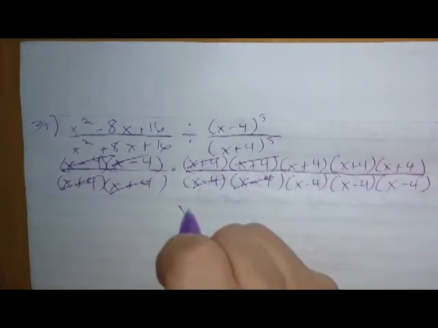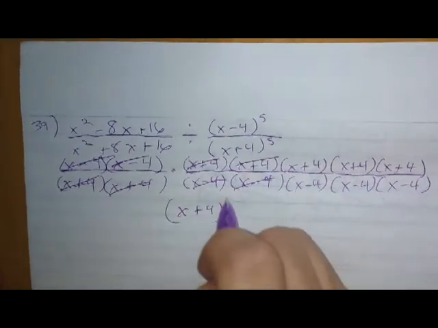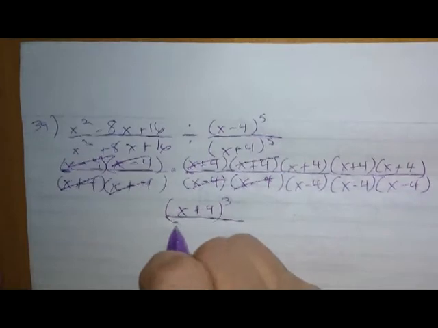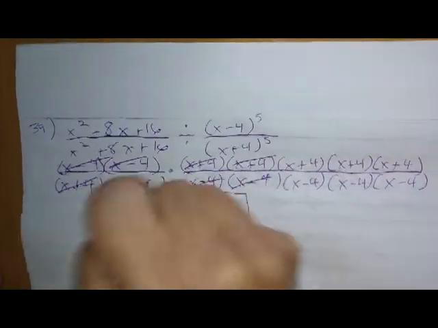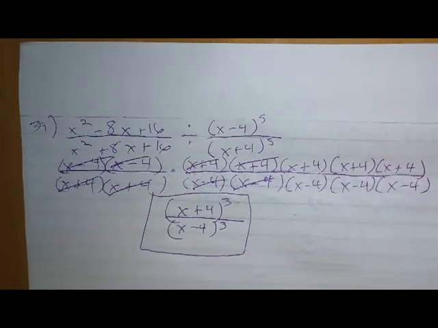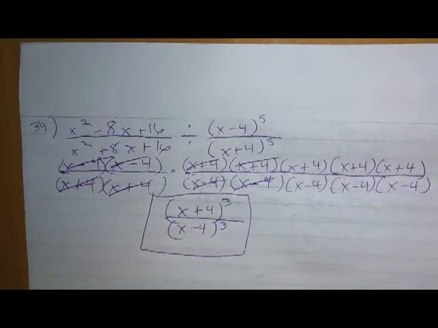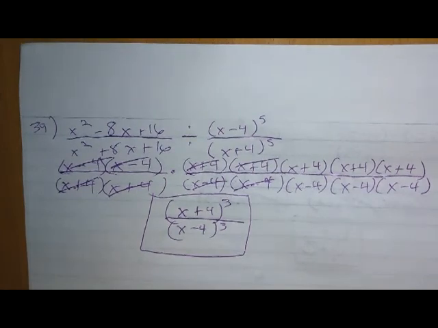Okay, so your answer is x plus 4 to the third over x minus 4 to the third. Okay, let's try the next one. These last two are in the challenge section.